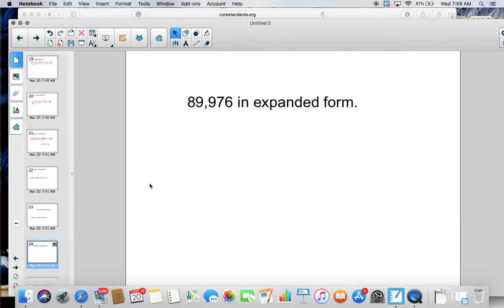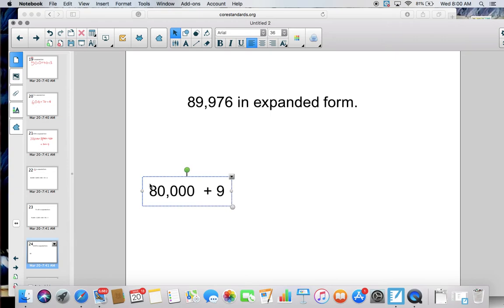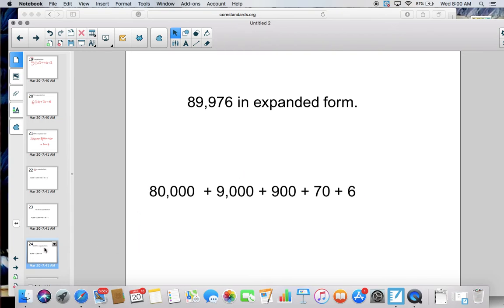Next one, 89,976 in expanded form. Click pause, try it on your own. Welcome back. Again, 80,000 plus 9,000 plus 900 plus 70 plus 6 in expanded form.